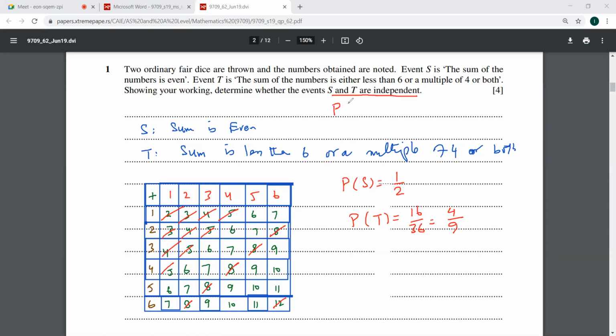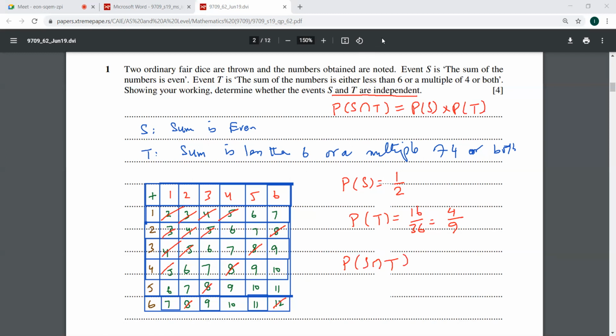If they are independent, then the probability of S and T should be the same as the probability of S times the probability of T. Now let's find the probability of S and T. It should be the ones which are crossed and out of them which are even.